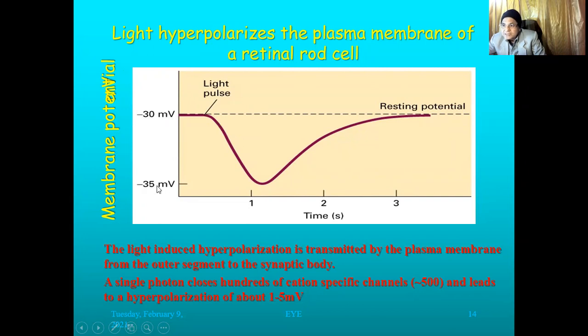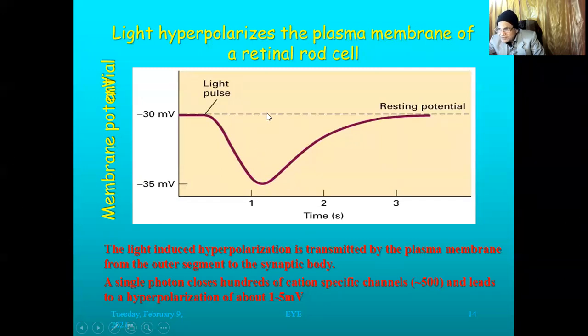Here it is minus 35 millivolt. So minus 35 to minus 30 millivolt. So the light pulse is moving in this way, and this one is the resting potential. The time is in seconds, 1 second. So from 1 second, minus 30 to minus 35 millivolt, and then this kind of curve.